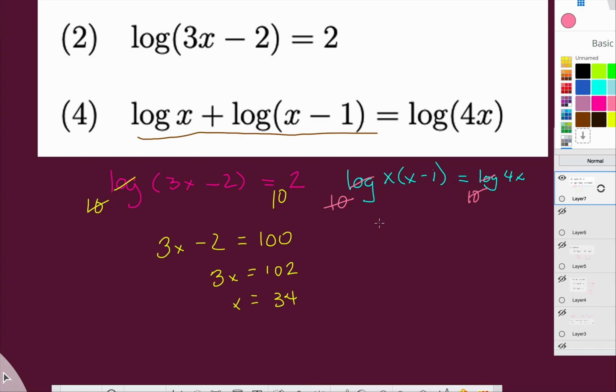And then we just solve. x squared minus x, because I went ahead and distributed on my own, equals 4x. I subtract it, so I get x squared minus 5x equals 0. And I factor out an x and an x minus 5 equals 0. And so my x's are 0 and 5.